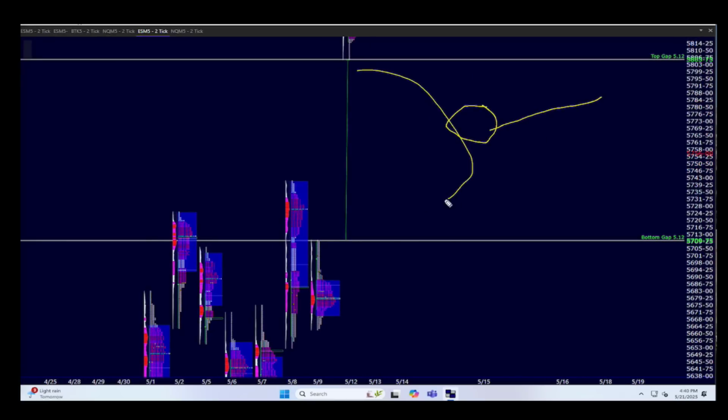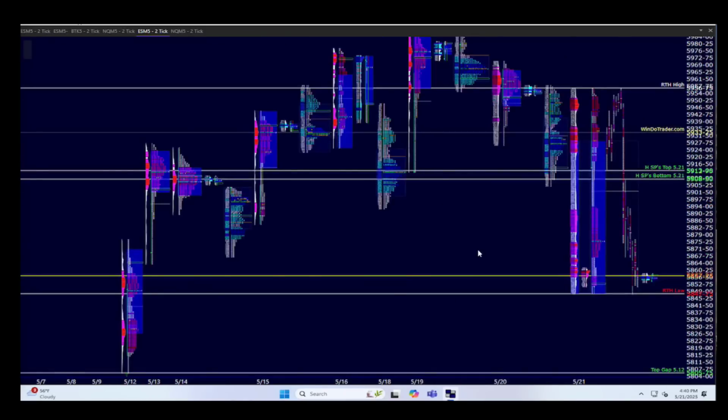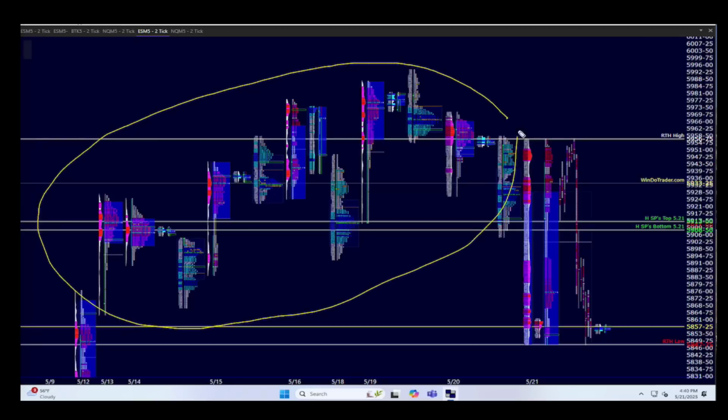And if sellers can't get into that range and can't find acceptance below that range, so below the gap, back into the range of May 9th, then this could have just been a large inventory correction, because we had not really observed much structure repair, and this structure leading into today's session was not fantastic.